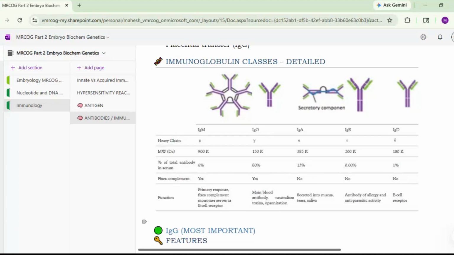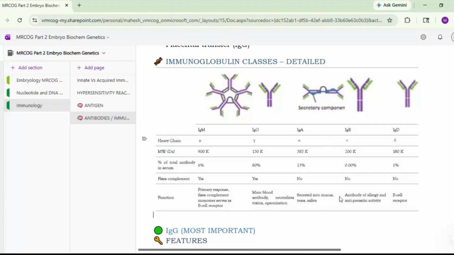Then, what is the function of each? The function of IgM is the primary response, and it fixes complement. The monomer serves as a B cell receptor. IgG is mainly the blood antibody; it neutralizes toxins and also causes opsonization. IgA is secreted into mucus, tears, and saliva.